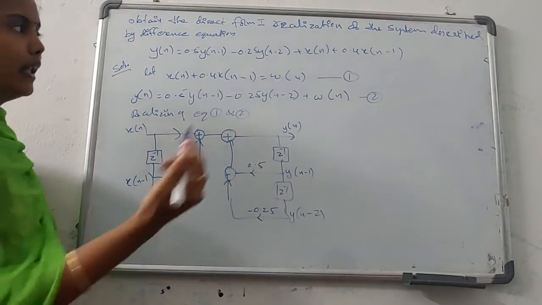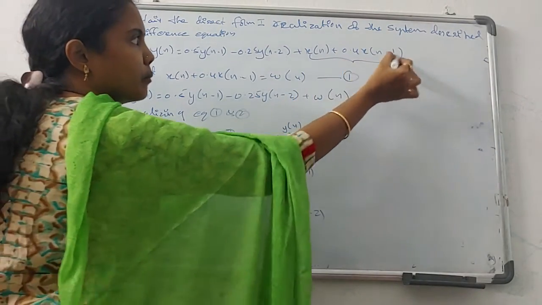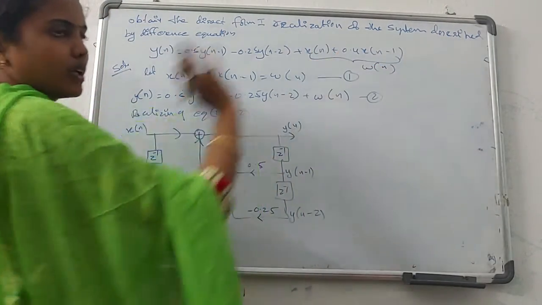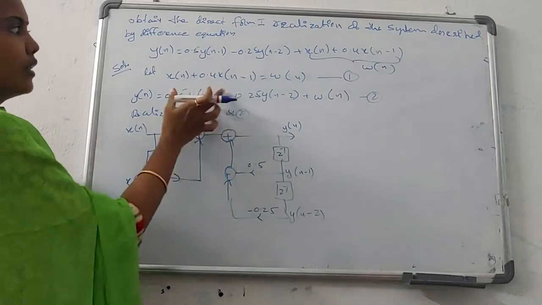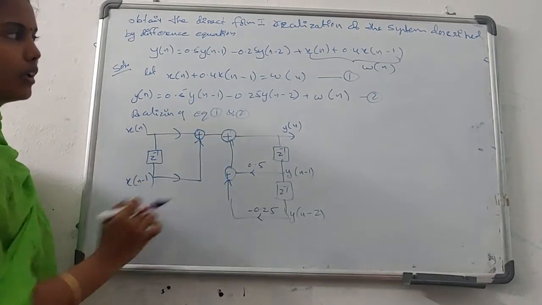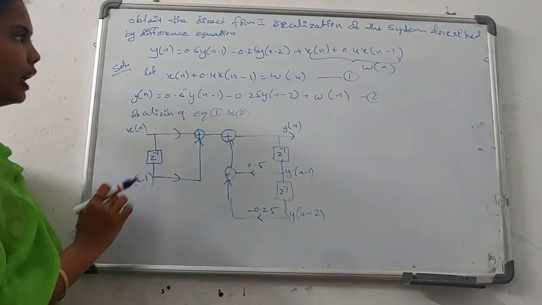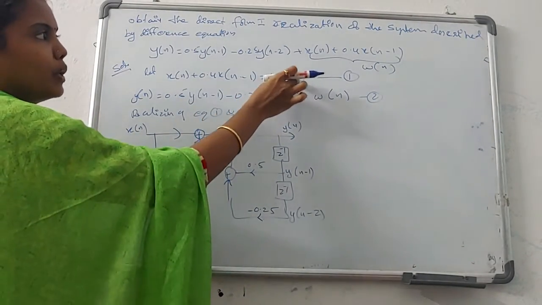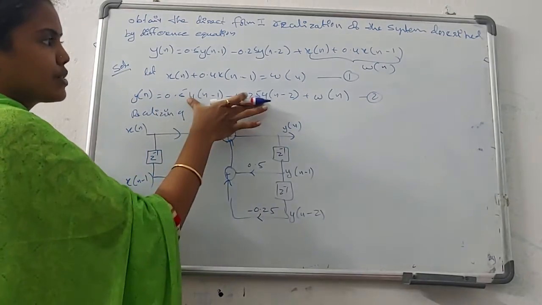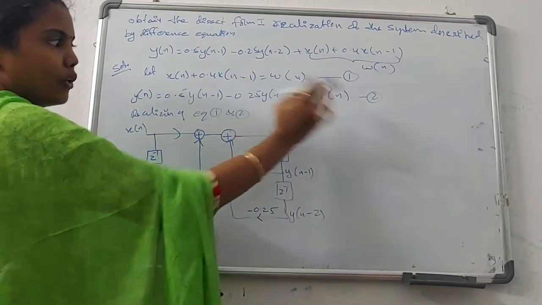Let us take w of n equal to x of n plus 0.4 x of n minus 1, as equation 1. Now substitute w of n in this equation: y of n is equal to this whole term plus w of n.